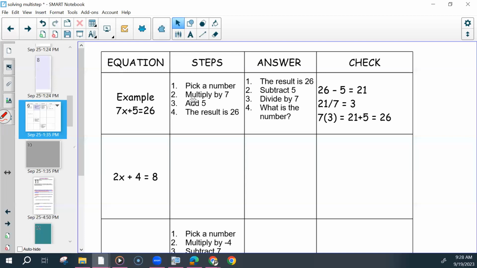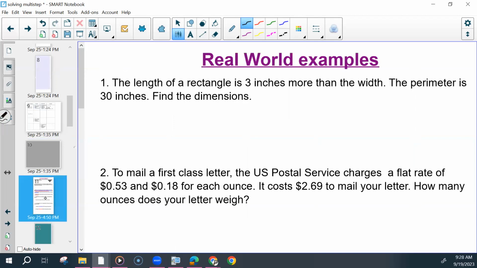The result is 26, subtract 5, divide that by 7, the number would be 3. That's what I wrote. Then this part is putting 3 back in here. So if that helps you, use it. If that did not make sense, ignore everything I just said for this. Go on to the next one.